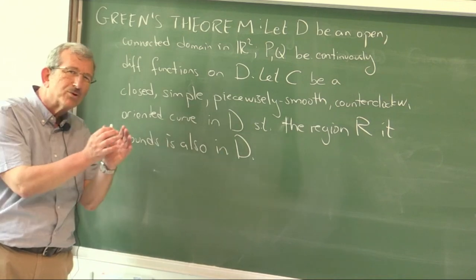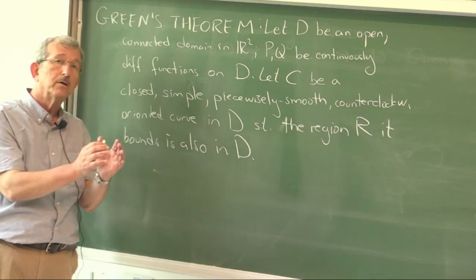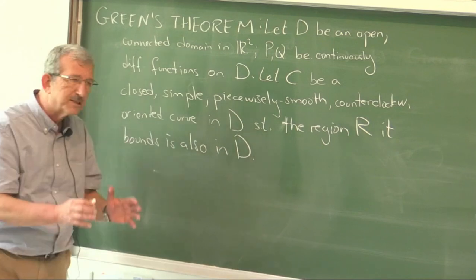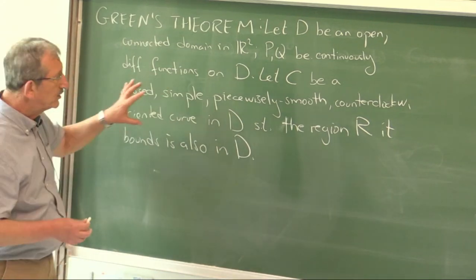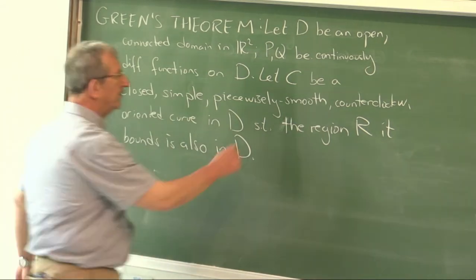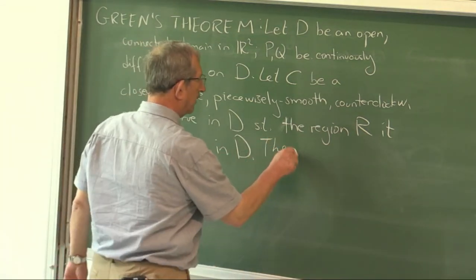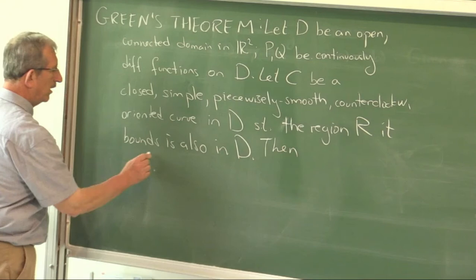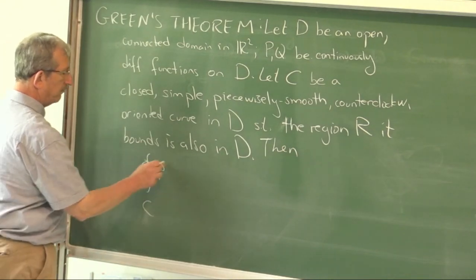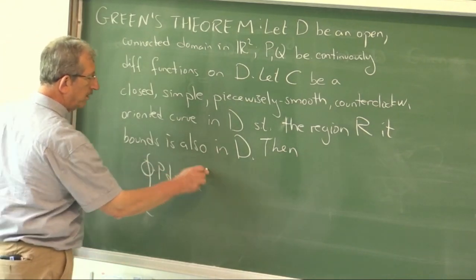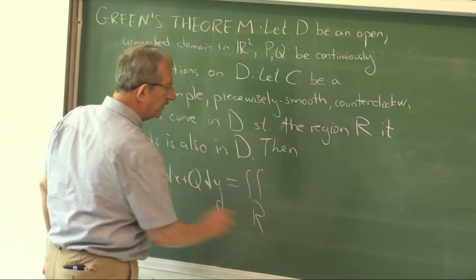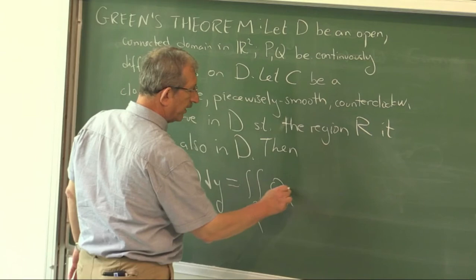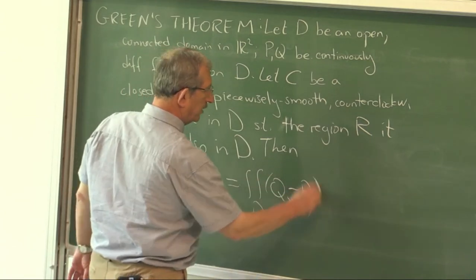There was a smaller circle of radius 1 inside the region bounded by C, but it was not in D. But here we exclude that. Then one has the following: the integral over C of P dx plus Q dy, we stated this result before, is the double integral over R of Q sub x minus P sub y dA.